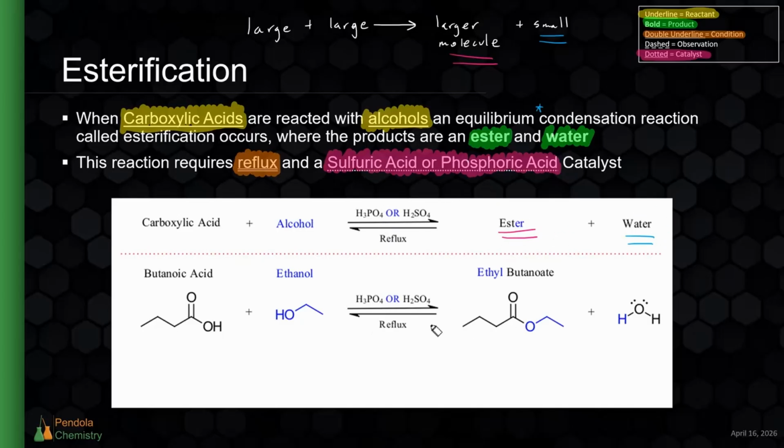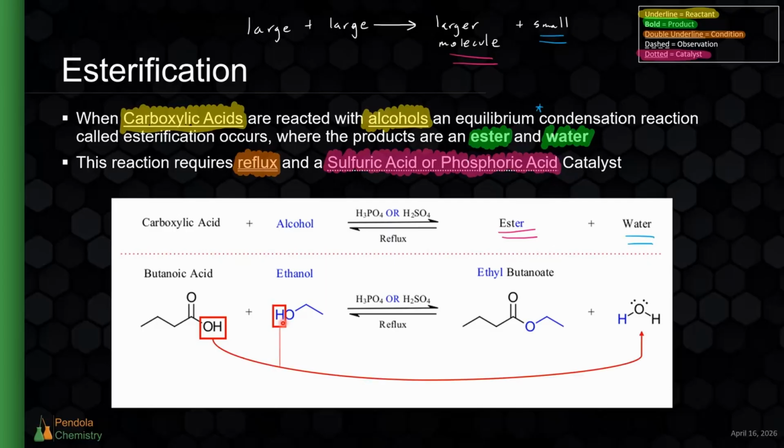Let's look at how we will put this together, because you will be given molecules and you will need to put them together and figure out what our ester is. So we look at this example we have here. Butanoic acid is going to react with our alcohol ethanol. What happens here is that when butanoic acid or any carboxylic acid reacts with ethanol, the carboxylic acid will lose its OH group and the ethanol will lose its H in the alcohol.